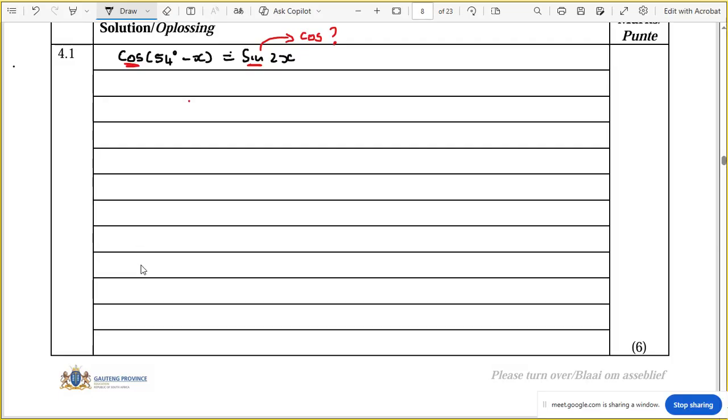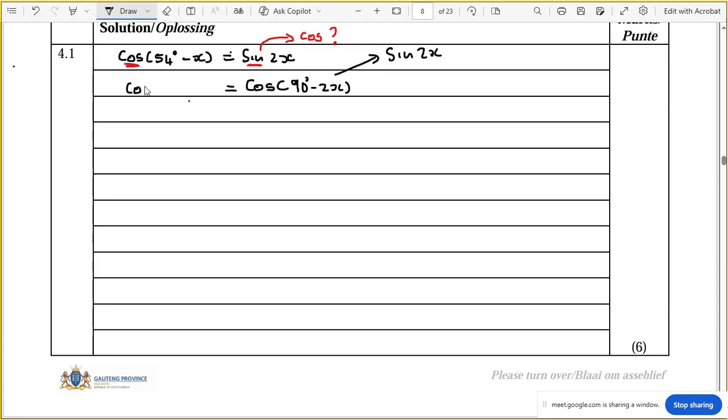It's going to be cos 90 minus 2x. Exactly, thank you very much. So this will be the cos of 90 degrees minus 2x, because if we do the reduction formula, 90 minus theta is quadrant 1, cos is positive, and this changes into sine of 2x.